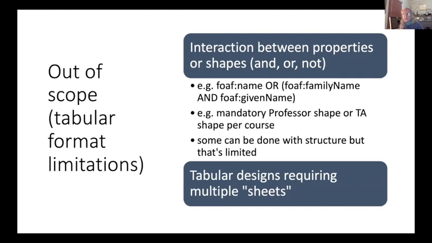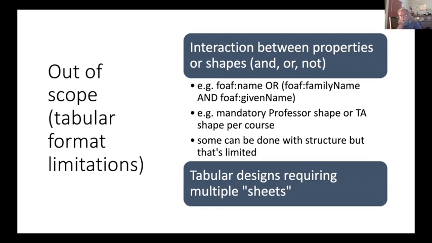We have some ideas as to how we might do a few simple functions of this nature, but that's going to be a limitation. So application profiles or metadata that has a lot of that kind of structural questioning may not be able to fit it all into our tabular design.